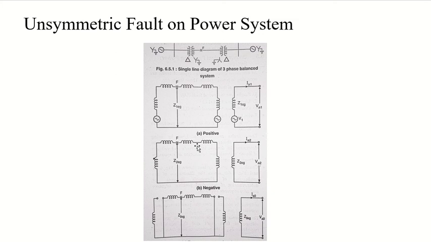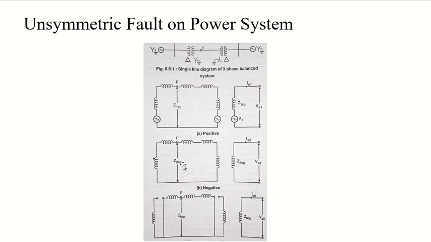Based on that, we formed these circuits, and because of that, my negative sequence network does not have any source. The Thevenin's equivalent of the positive sequence network is obtained from the positive sequence network of my power system, and the same you can do for the negative and zero as well.